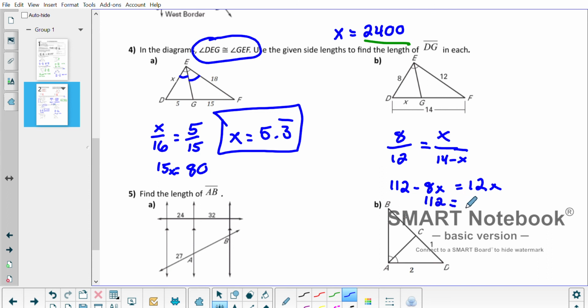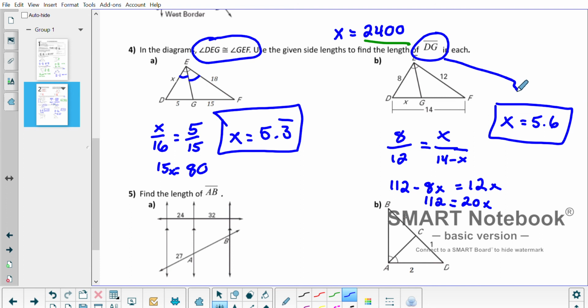So 112 is equal to 20x. Then when I take 112 and divide it by 20, I'm going to get the value of x here is 5.6. However, be aware it wants DG, which is x, so we are good that DG is 5.6.